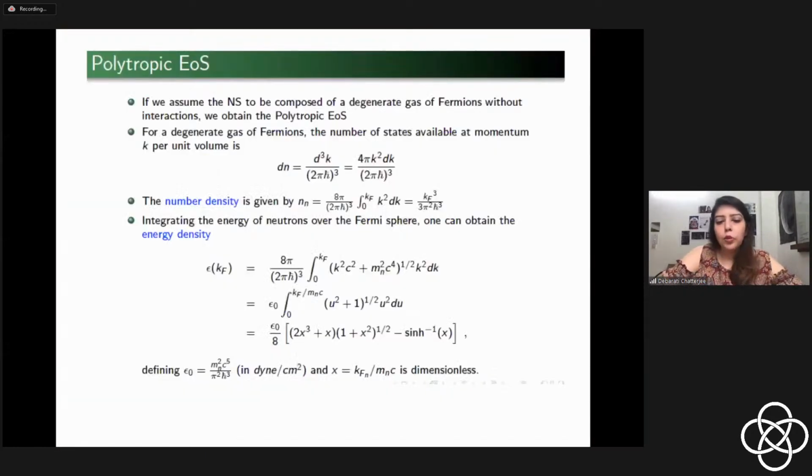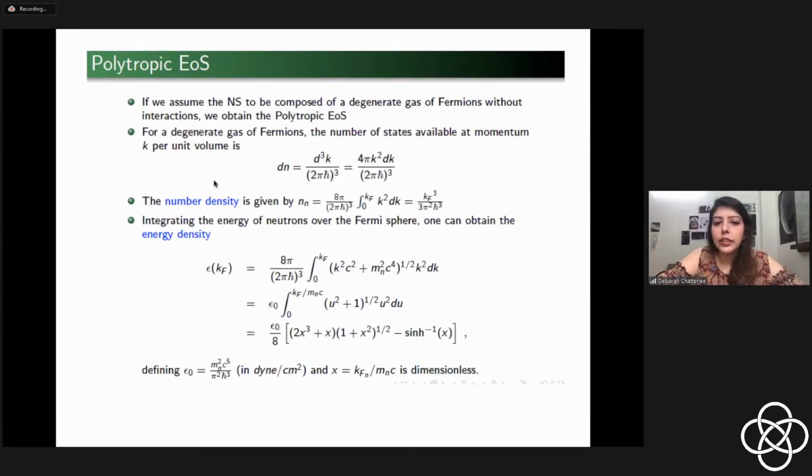I'm going to show you a little bit of the calculation in order to understand how this works. Once you have the number of states at momentum k per unit volume, dn is given by d3k divided by (2 pi h bar) cubed. And then you can integrate over all the momenta from 0 up to the Fermi level, the level up to which the sphere is filled.